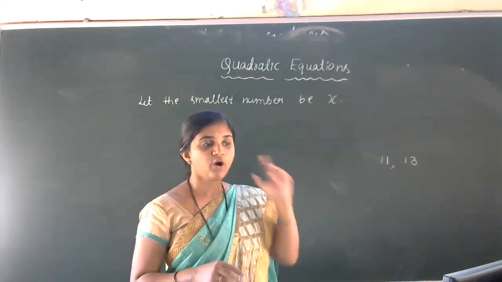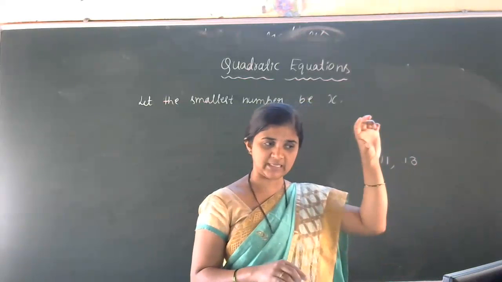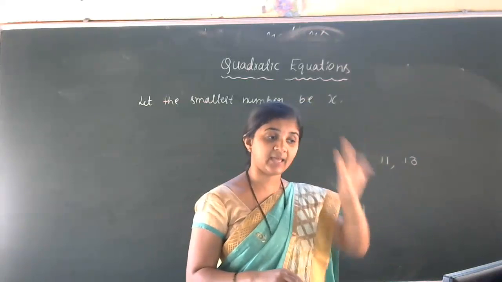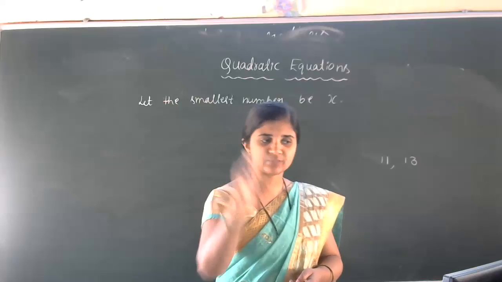If odd or even numbers are given, then choose the smallest number as x and the next number as x plus 2. If odd or even is not mentioned in the problem, then choose the two positive consecutive integers as x and x plus 1 only.